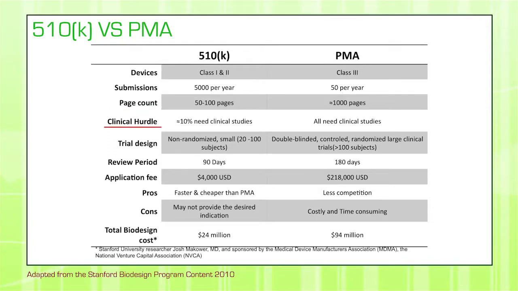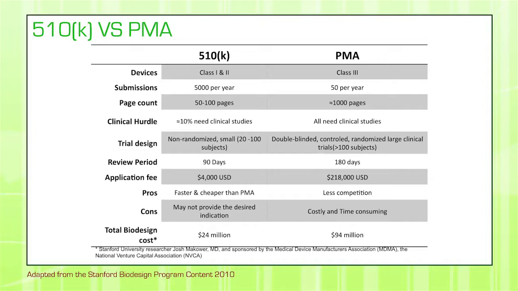The clinical hurdles for 510K applications are fairly small. On average, 10 to 15% of all 510K applications need clinical studies and the others may not need them, while in PMAs, all devices submitted need clinical studies, and many of them are lengthy and very costly.